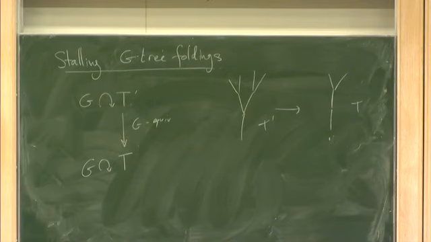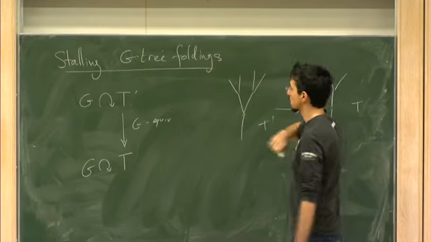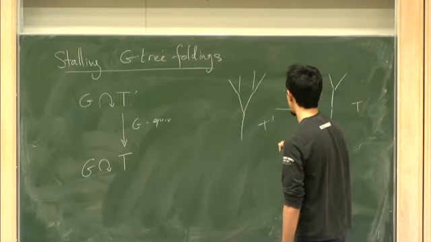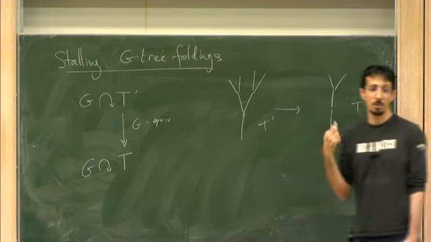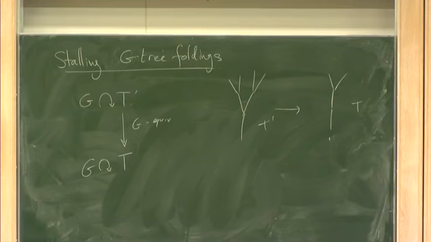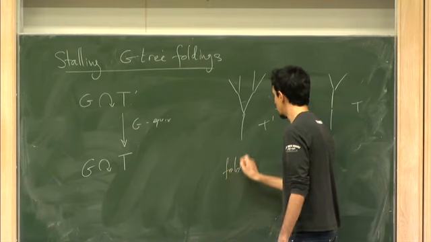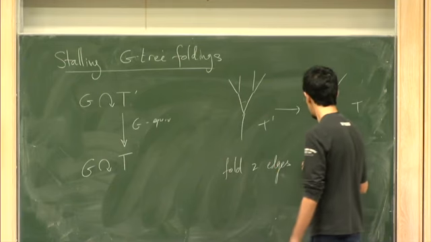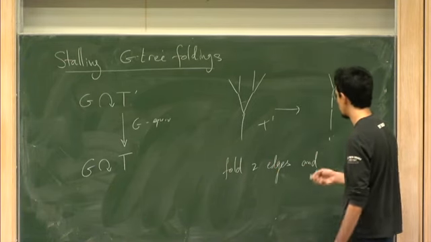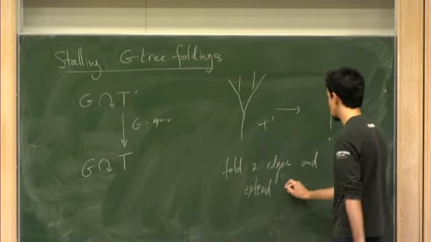So we see that those two edges are folded together in this process, and so we want to define this Stallings G-folding. What we do is we identify those two edges, and we have to do it G-equivariantly, otherwise we lose the G-equivariance of the map. So fold two edges and extend this folding G-equivariantly.